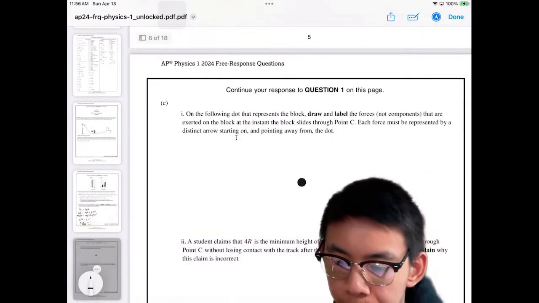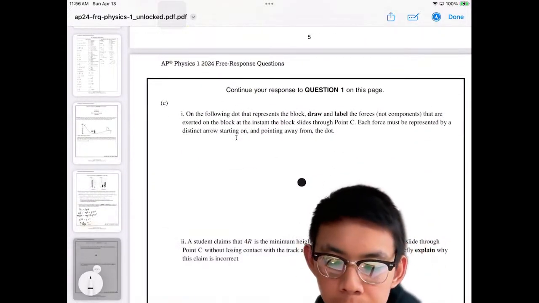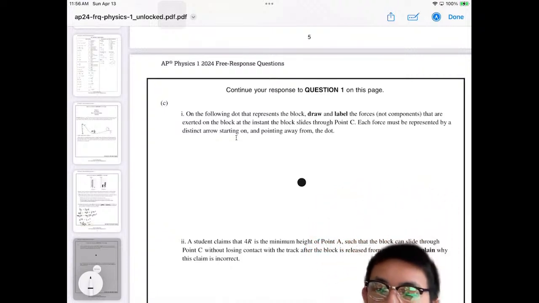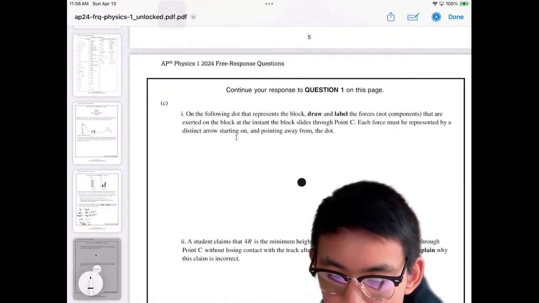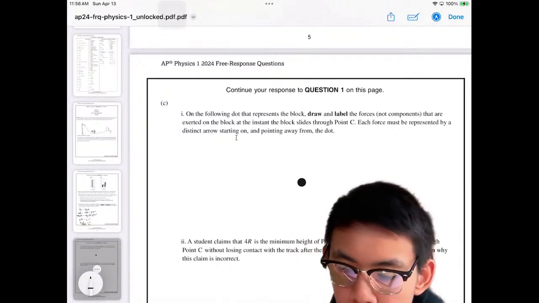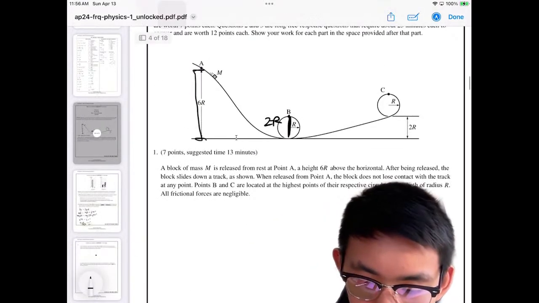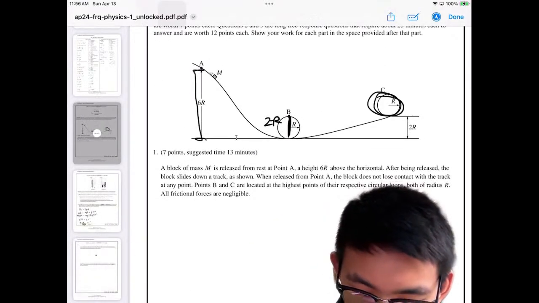On the following dot that represents the block, draw and label the forces, not components, that are exerted on the block at the instant the block slides through point C. Each force must be represented by a distinct arrow starting on and pointing away from the dot. Okay, so at point C, the block is going to be up here, the point is right here.